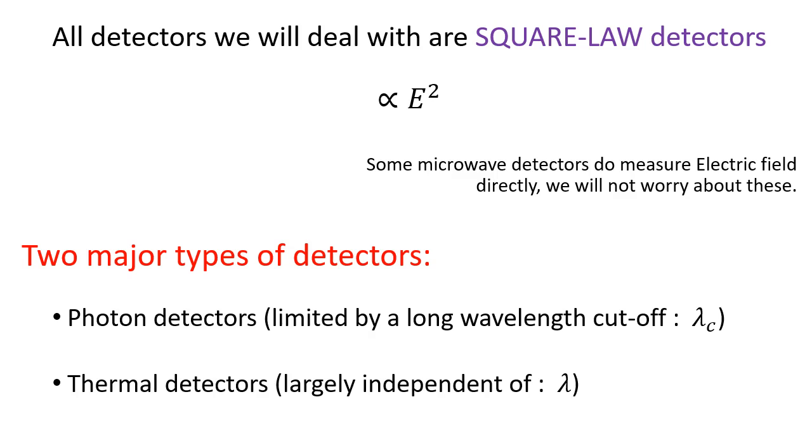And because this is absorption and it essentially behaves like a black body which absorbs everything, the response is not limited necessarily to a definite cutoff, because eventually the photon or the signal bounces back and forth and it's going to be absorbed until that absorption turns into a change in the local temperature. So these are thermal detectors and they are largely independent of the frequency or wavelength.